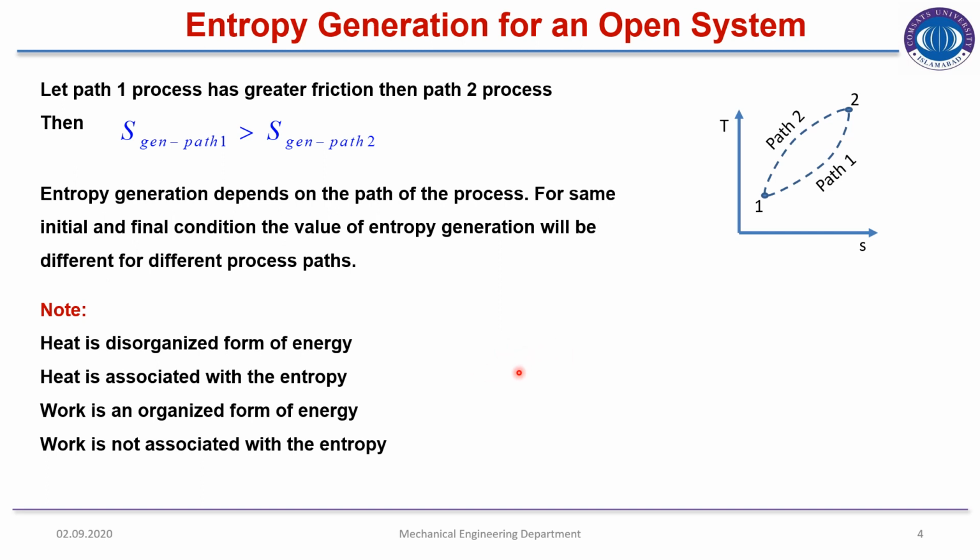That energy may consist of heat or work, so we have classified the energy interaction into heat interaction and work interaction. When we are discussing heat interaction, we will consider the entropy generation term. Whereas when we are discussing the interaction of energy between system and surrounding in the form of work, we will neglect the effect of entropy, because entropy is not associated with work.